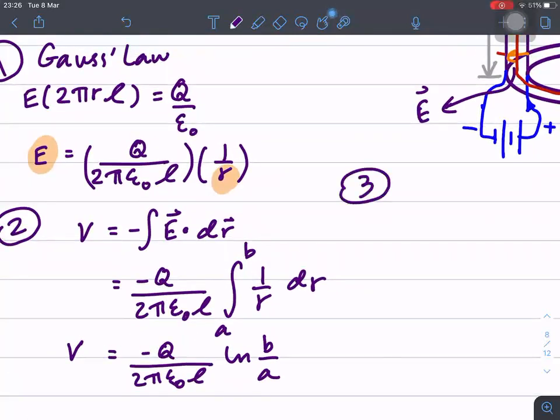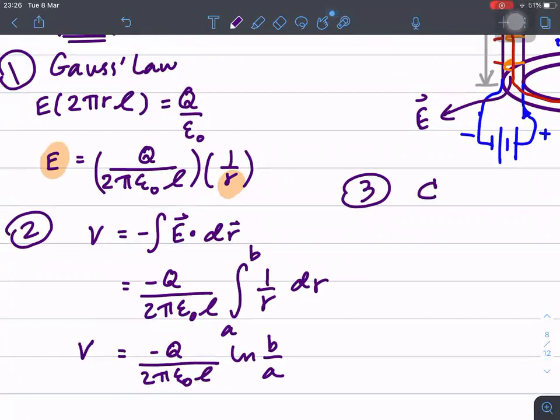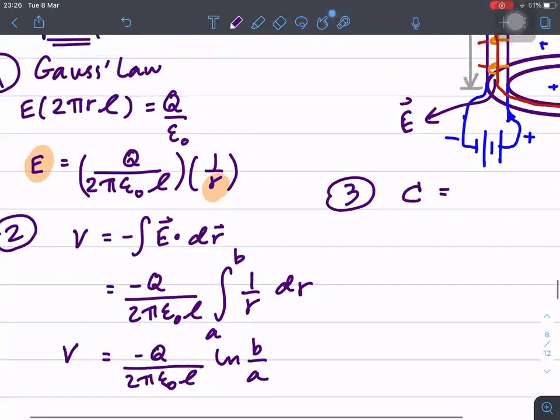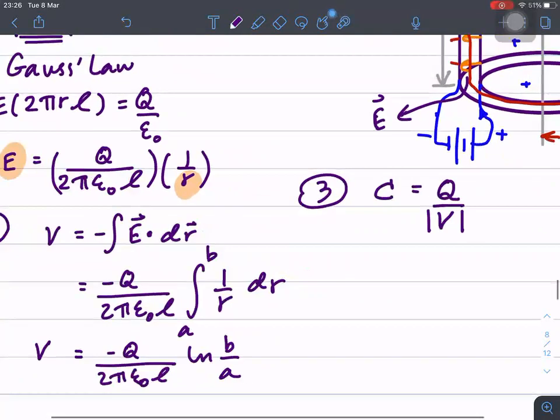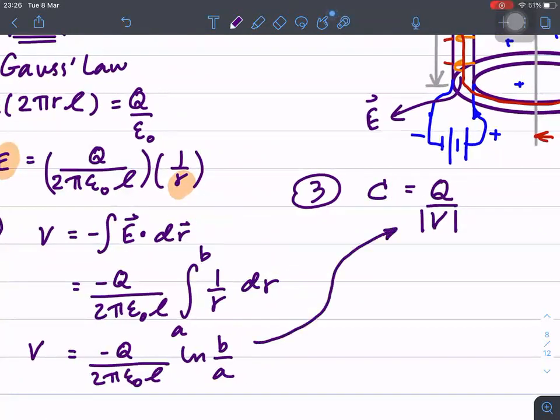So step 3, to find C, I consider the ratio between the charge and the voltage difference, where for the voltage difference I use the absolute value calculated from step 2.